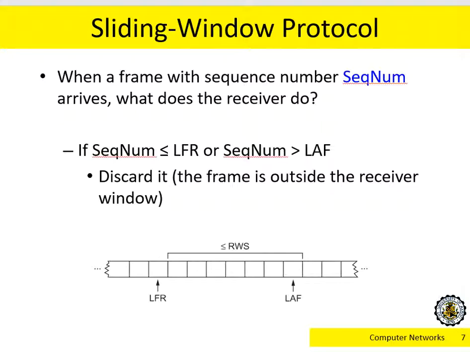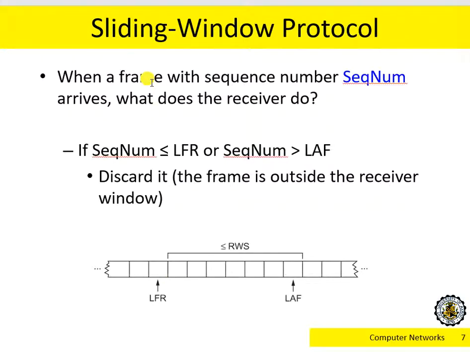Similarly, in the sliding window protocol, we also assign each frame a sequence number, as we already talked about when discussing the receiver window size and the sender window size.